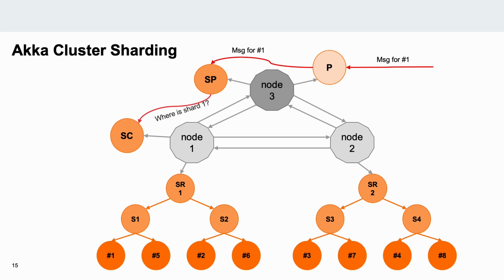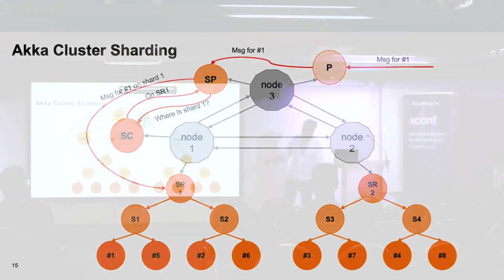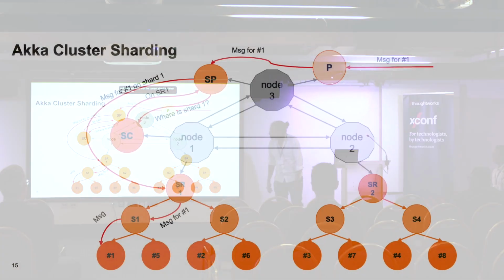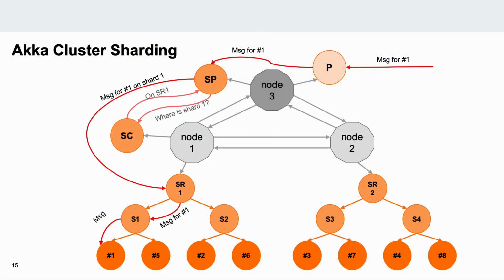So it will first compute the shard using the sharding strategy, and then it goes and asks the shard coordinator, okay, where is shard one? The coordinator will reply with the correct shard region, and from then on it just forwards the message to the shard region, which will forward it to the shard, and then to the entity actor.